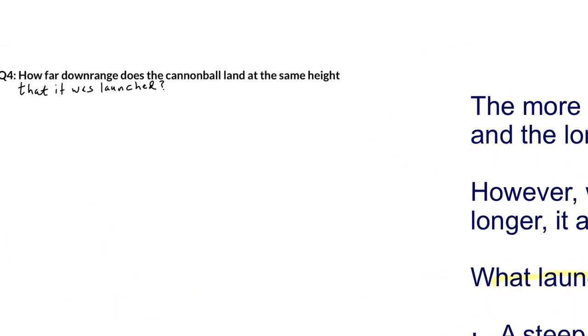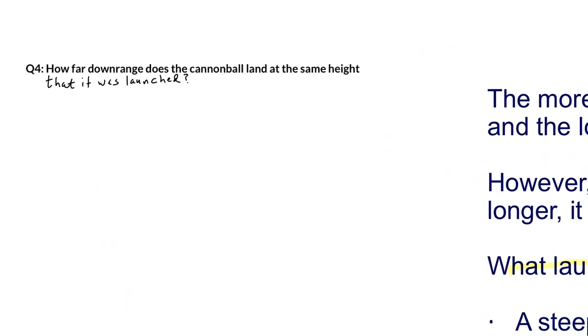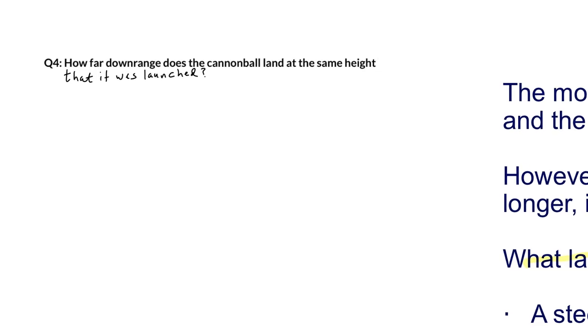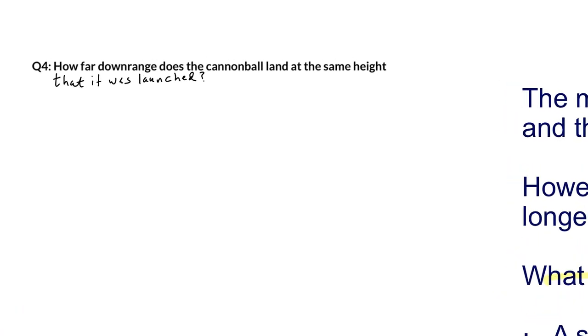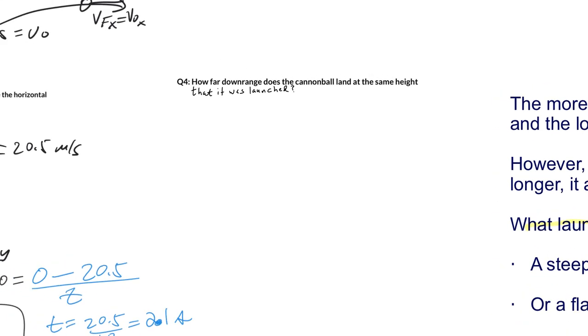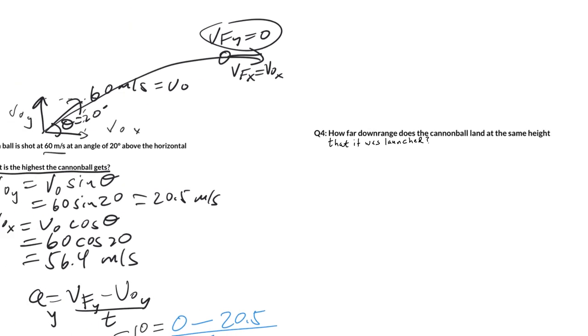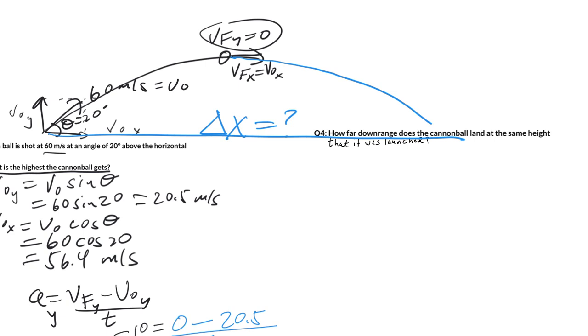How far downrange does the cannonball land at the same height that it was launched? So basically, I'm just saying over level ground. So what I'm asking for is what's delta x for the entire trip. So that's easy.